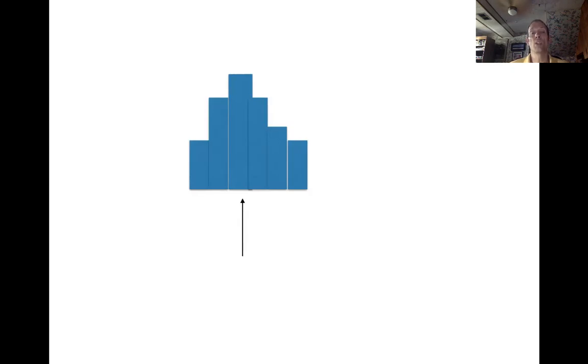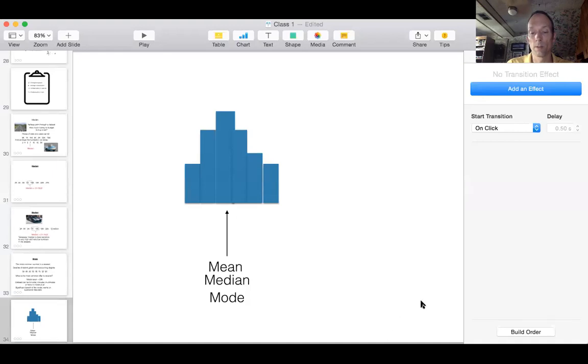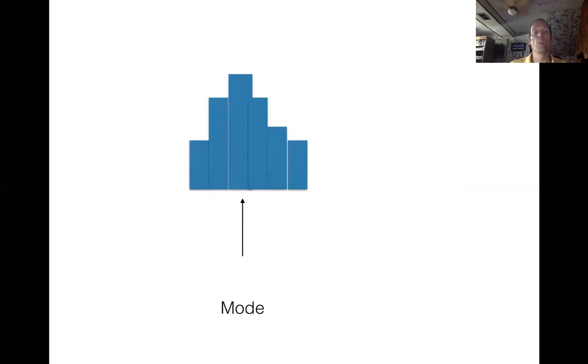Let's think of where our 3 measures of central tendency would fall. We'll start with the mode, and the mode is going to correspond to the frequency class that has the highest number of observations. We could identify it by looking for the block that's the tallest, that's going to be right in the center.